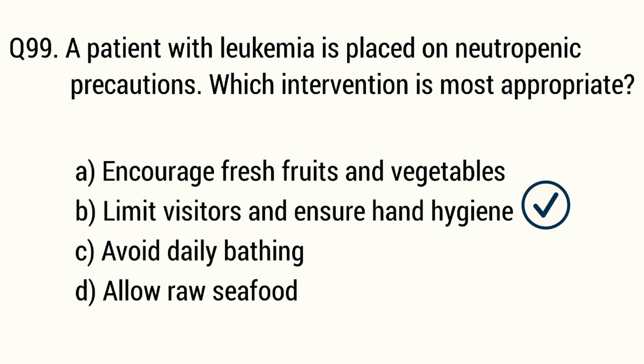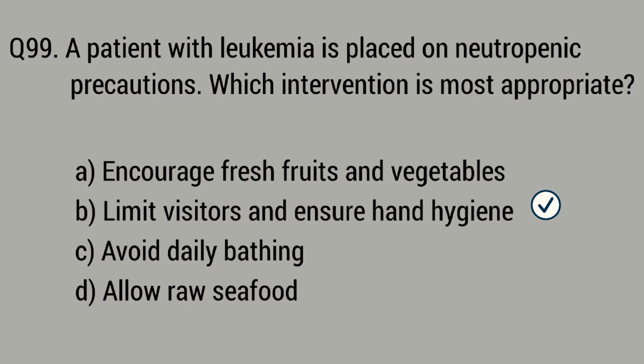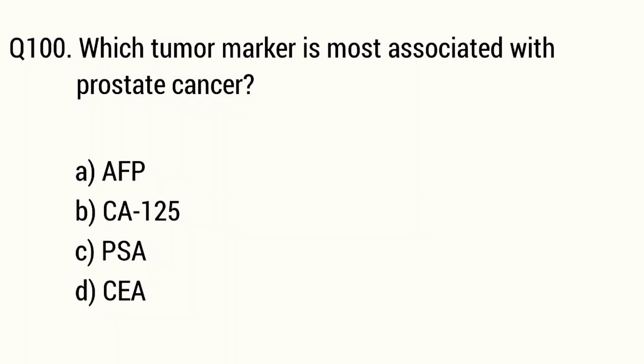What intervention is most appropriate? The right answer is option B, limit visitors and ensure hand hygiene. Question number 100. Which tumor marker is most associated with prostate cancer? The right answer is option C, PSA.